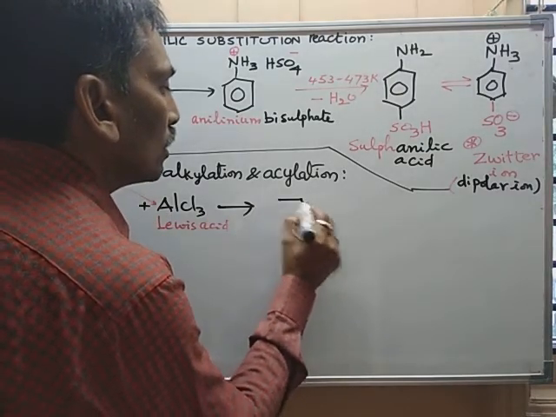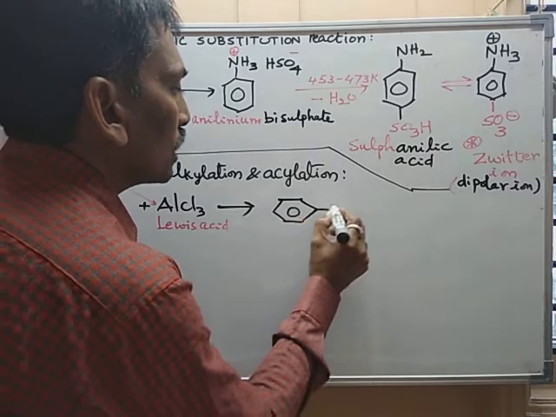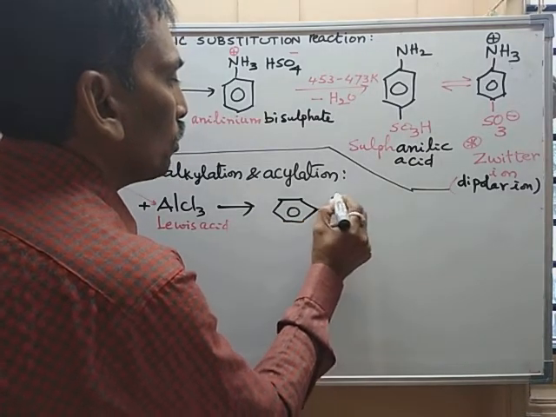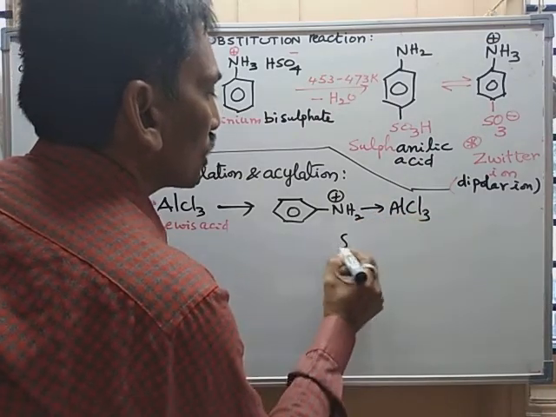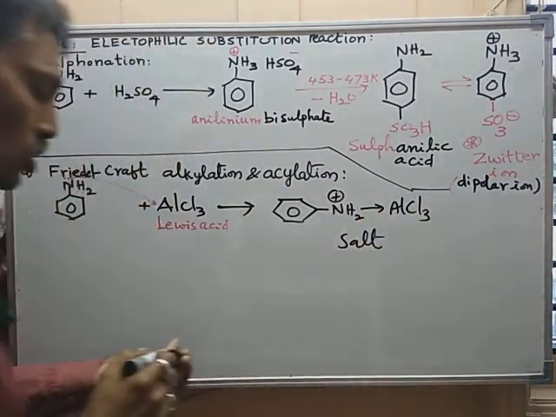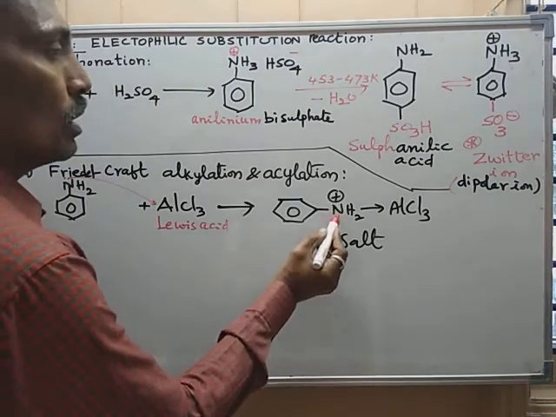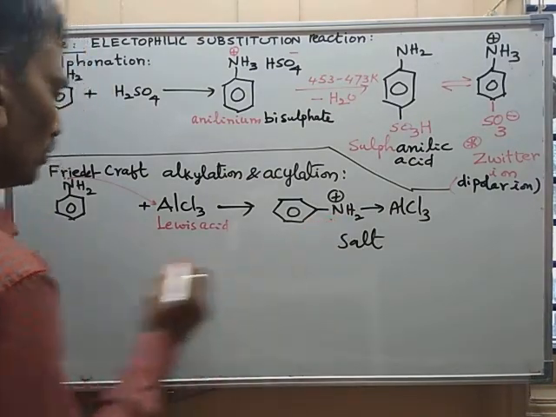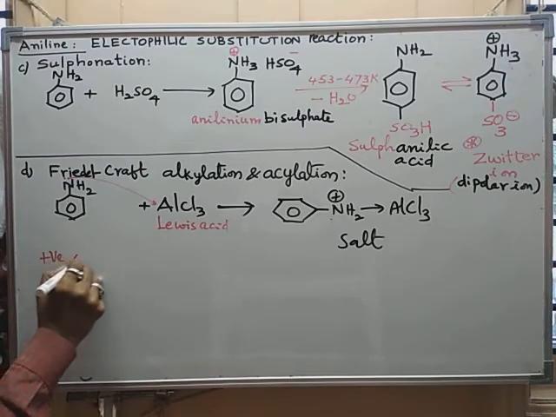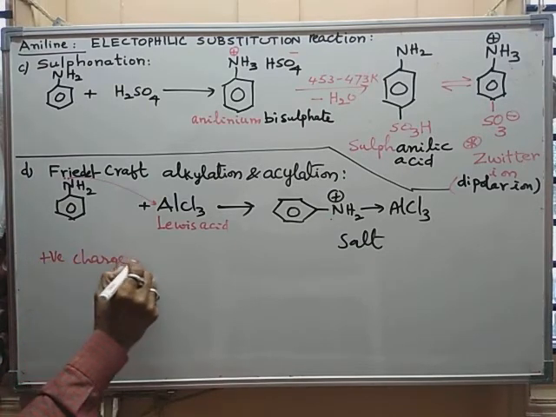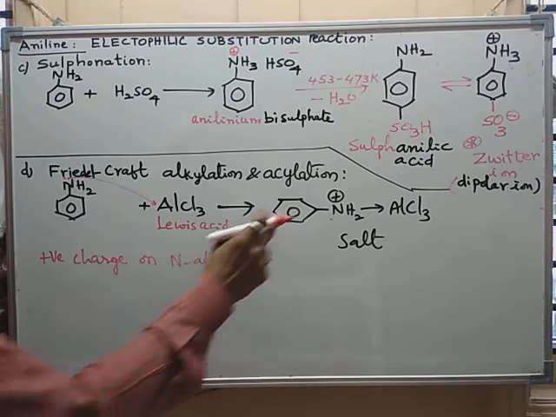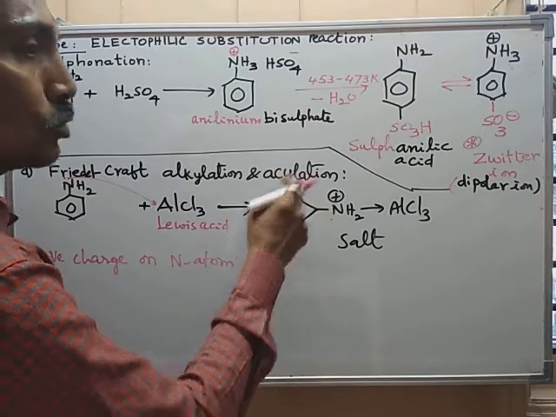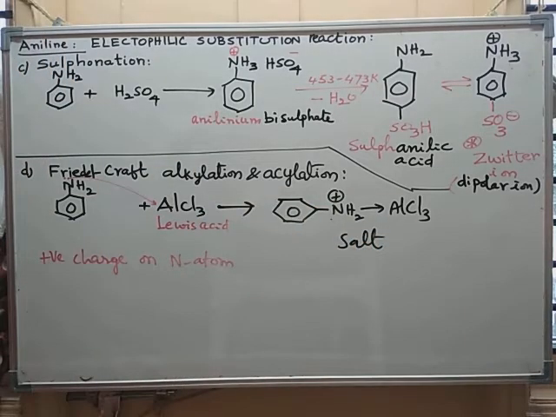That is, we have to write like this: NH2 plus AlCl3. A salt is produced, and a positive charge develops on the nitrogen atom. How does it influence the benzene ring? Is it donating electrons to the benzene ring or attracting electrons from it?